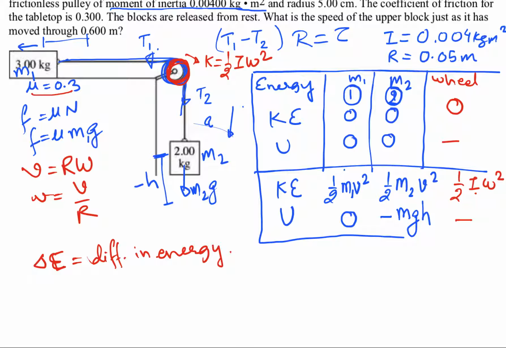Therefore the difference in energy is basically used to do the work, and that work is non-conservative in nature.